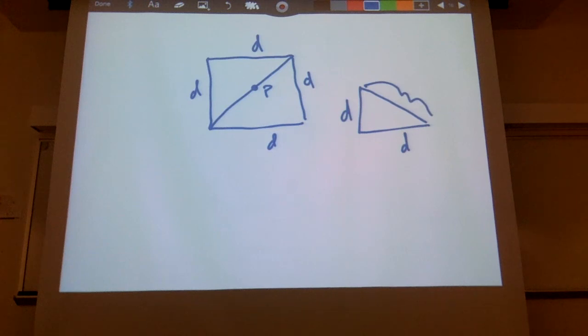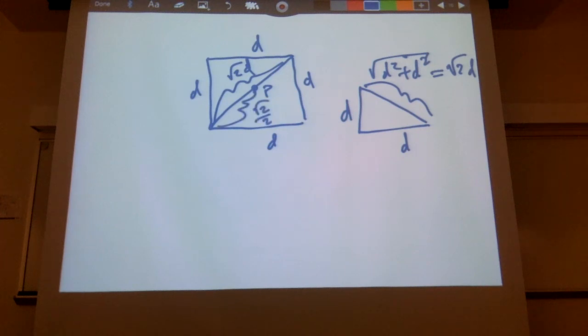Well, the Pythagorean theorem says this distance is equal to the square root of this side squared plus this side squared. That's the same thing as the square root of 2 times D. So this total distance across here is square root of 2 times D. But point P is halfway through that, which means this distance here is half of this distance. So that's the square root of 2 divided by 2 times D. Okay? Loving our geometry?